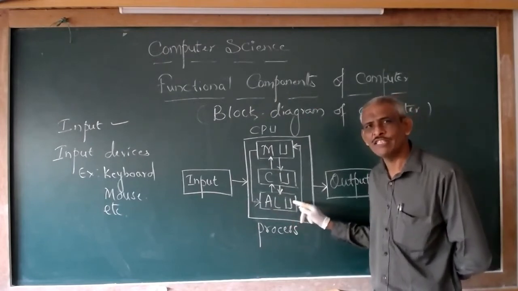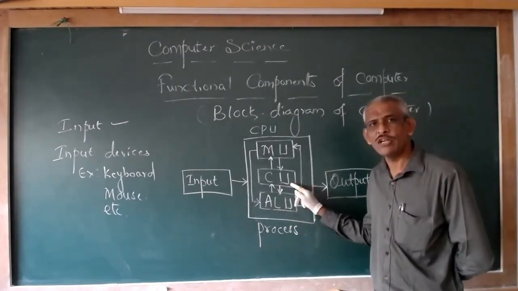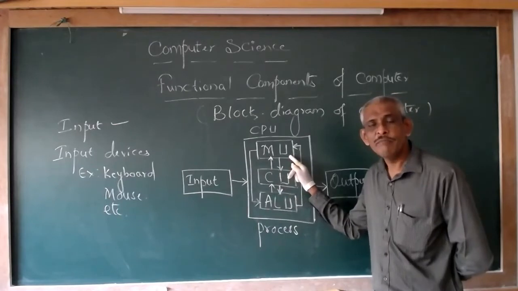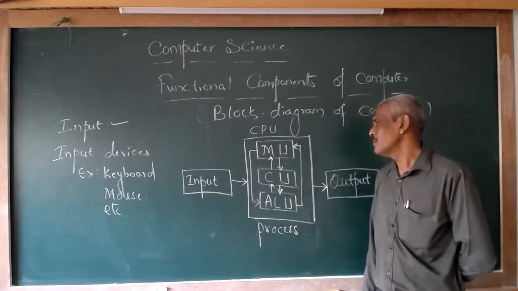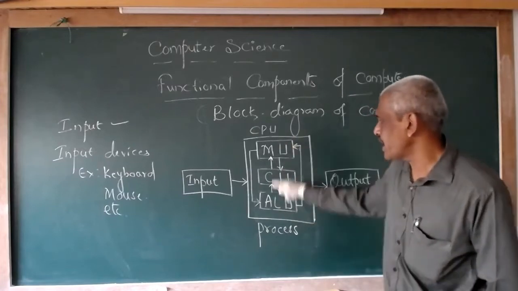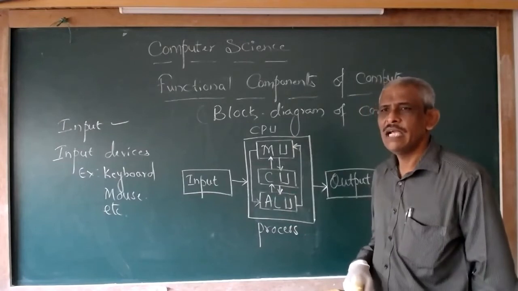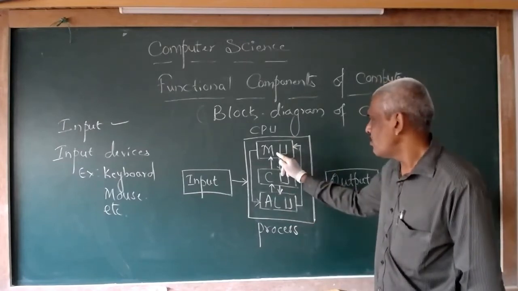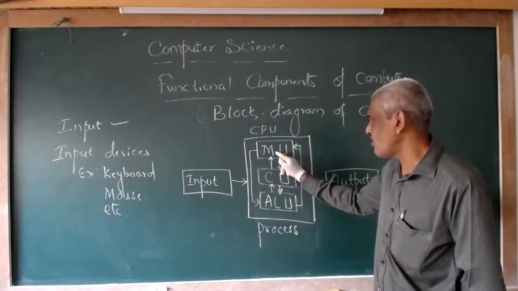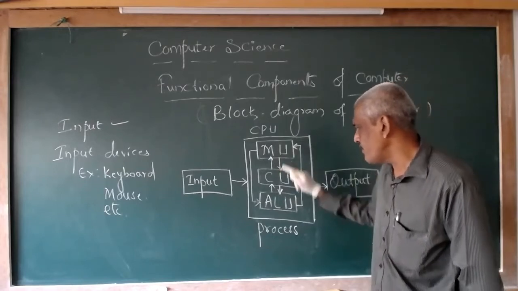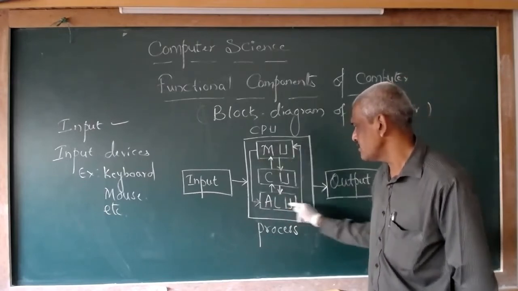ALU, arithmetic logic unit. CU, control unit. MU, memory unit. All the three units are interconnected with the help of bidirectional arrows. And if you observe, one more extra connection is given in between MU and ALU, to and fro.